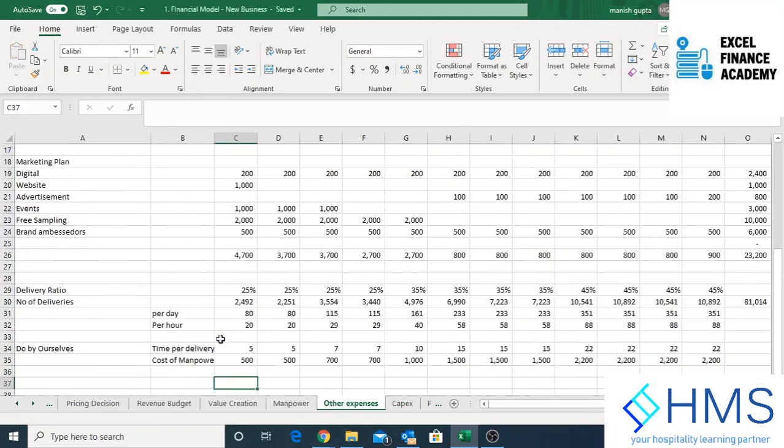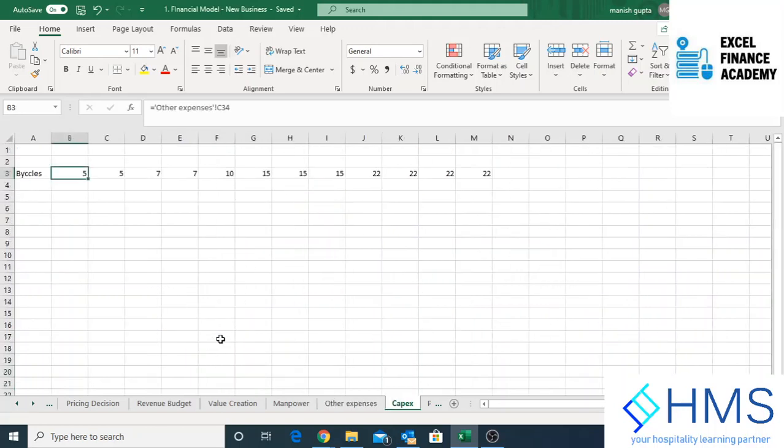Now the other choice is, totally how much you need in terms of expense. Let's say the cost of a bicycle is $400 per bicycle, and by the end of the day we will need 22 bicycles. So let's put this into the target.